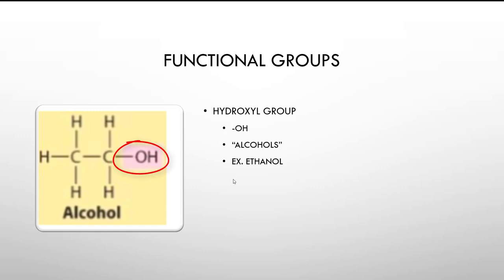Remember, hydroxide is OH. And hydroxyls are also known as the alcohols. In this case, we have ethanol. Ethanol is an example of a molecule that contains a hydroxyl group that is considered an alcohol.